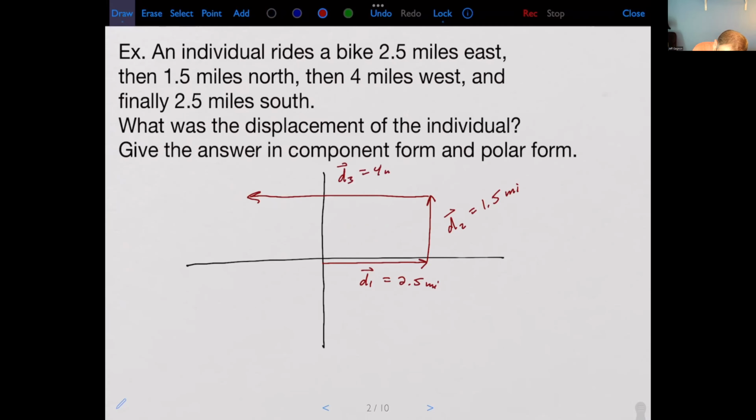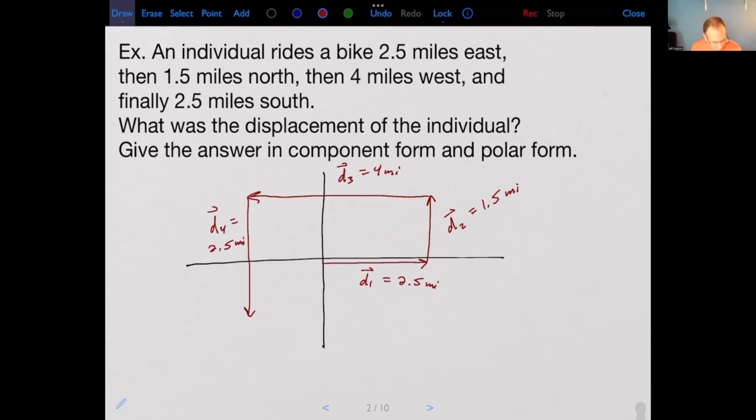And this is 4 miles. The direction is given by the vector. And then finally, 2.5 miles south. So I'll call this D4. And that's equal to 2.5 miles south.